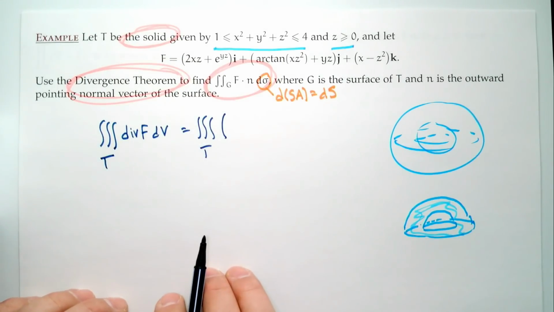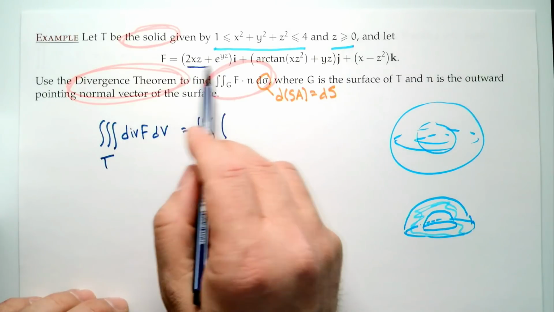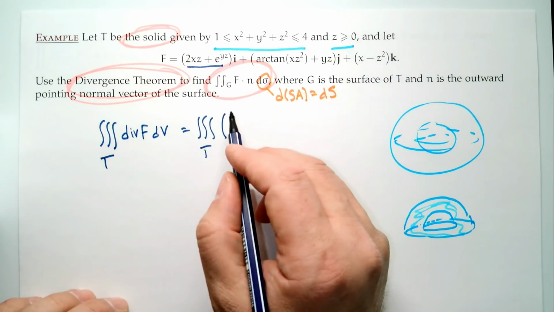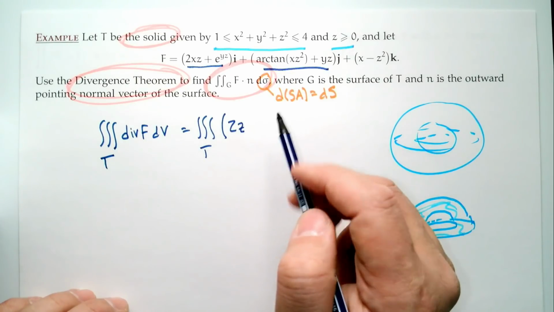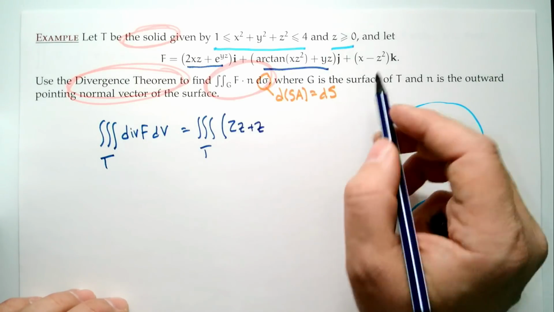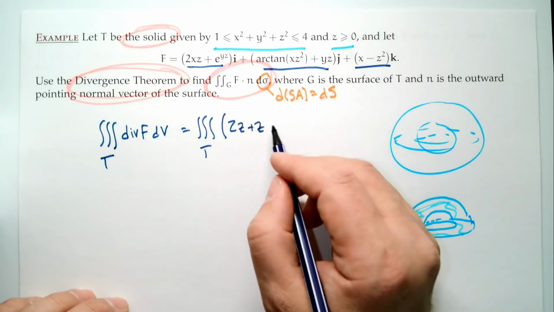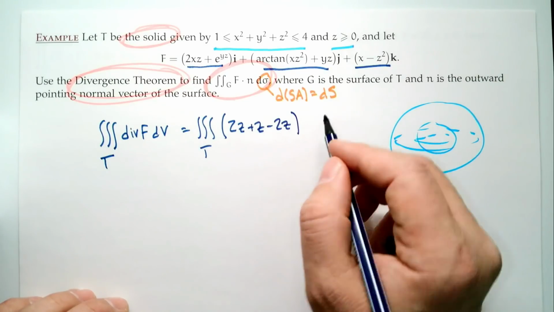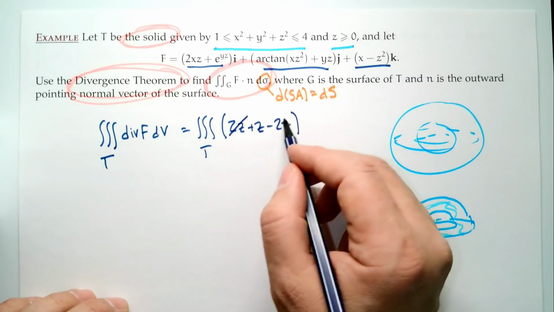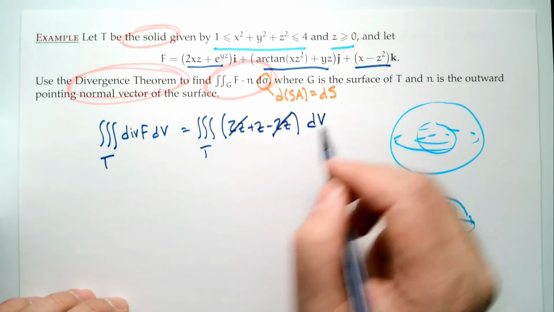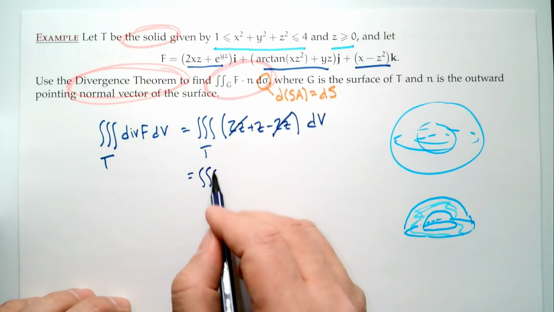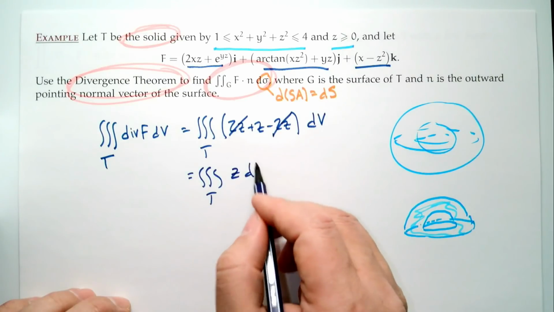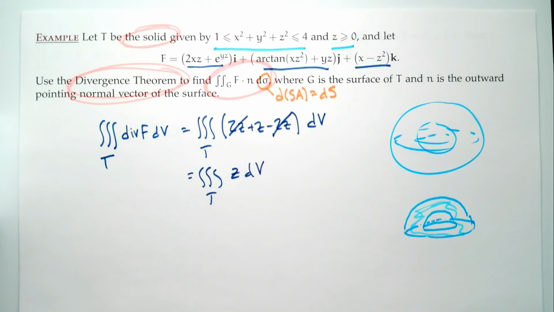What do you get from the first entry? 2z, because we take the derivative with respect to x. From the second entry? z. Lots of z's here. From the last entry? Minus 2z. 2z and minus 2z, gone. No longer a question. And so, it's just the integral over our solid of z dV. Now, we won't finish it, but what would you do next?